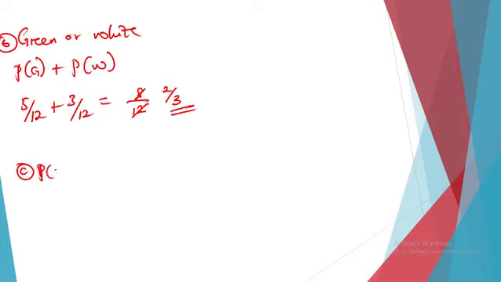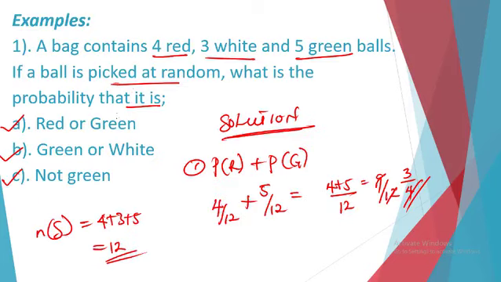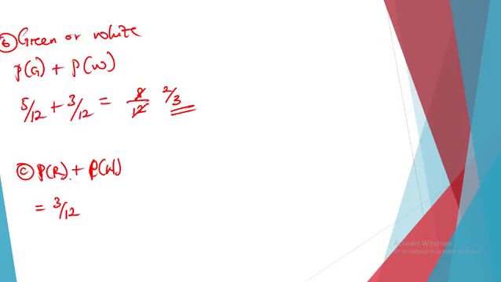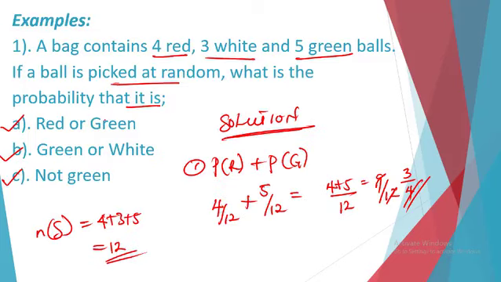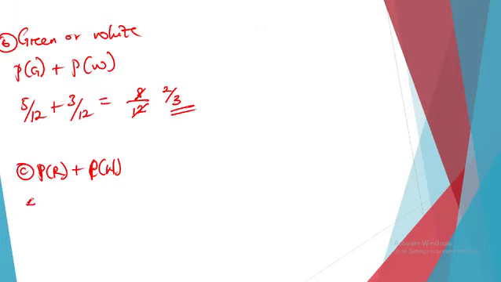That is the probability of red plus the probability of white. Our red is 4, and then our white is 3. So we have 4/12 plus 3/12, and that will give us what?